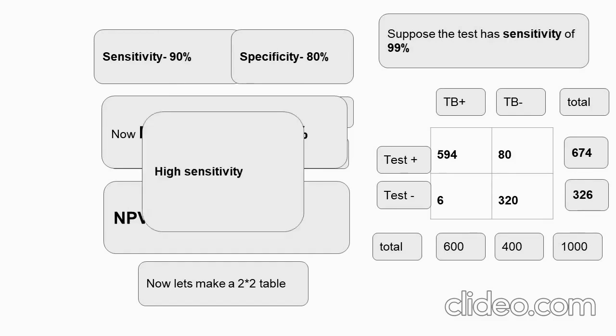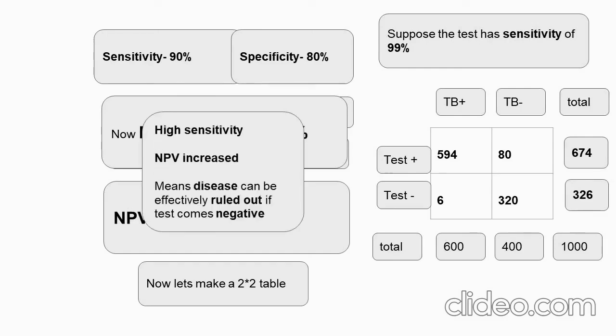So high sensitivity means NPV is increased, which means disease can be effectively ruled out when the test comes negative.